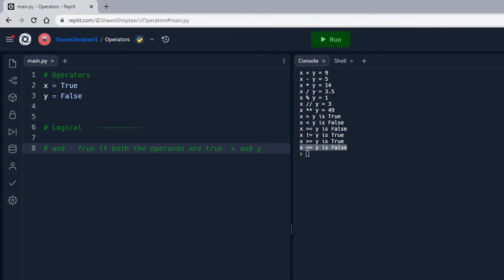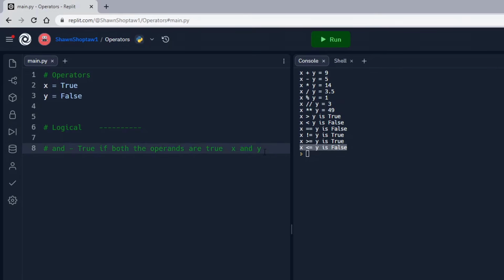So the first logical operator we're going to look at is and. And is the word and that it's going to look at both variables to see if they're both the same. So x and y is looking for x to be true and y to be true.